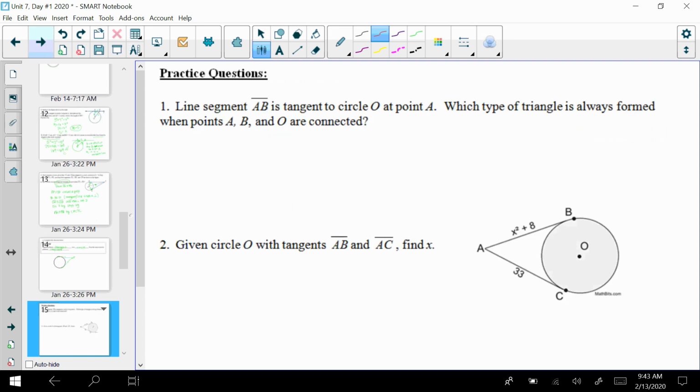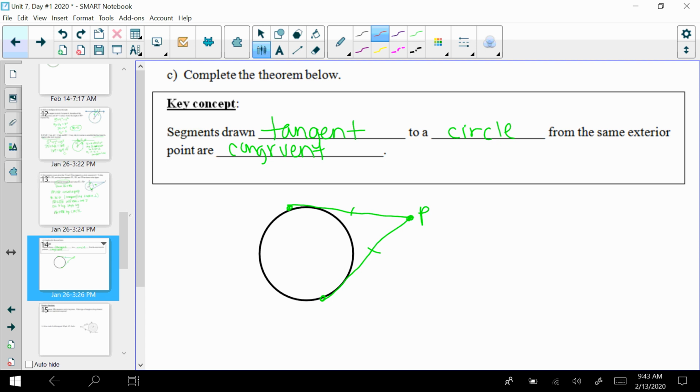Okay, there's a bunch of practice questions. I want you guys to do them on your own. You really should be able to do them on your own. I will put the answers in the lesson and I'll talk through a couple of them. But your job is to finish the day here. You're doing practice problems 1 through 9, and then you're going to get the homework, okay?